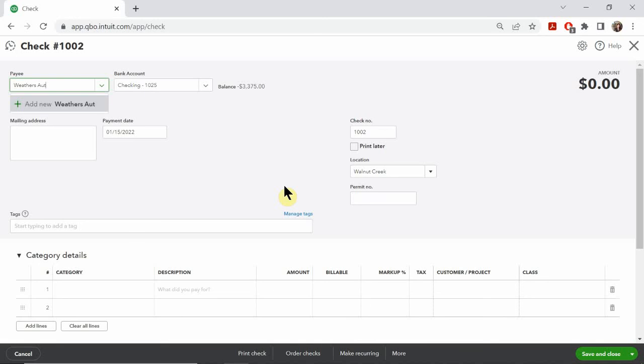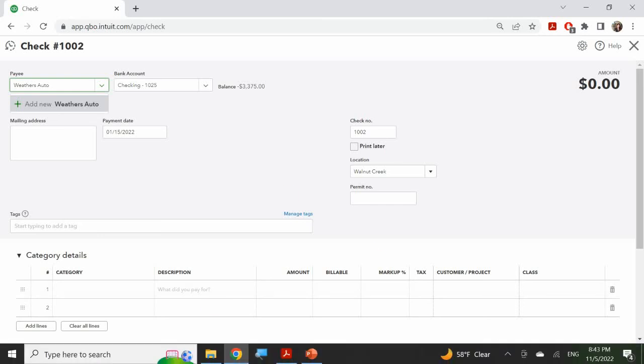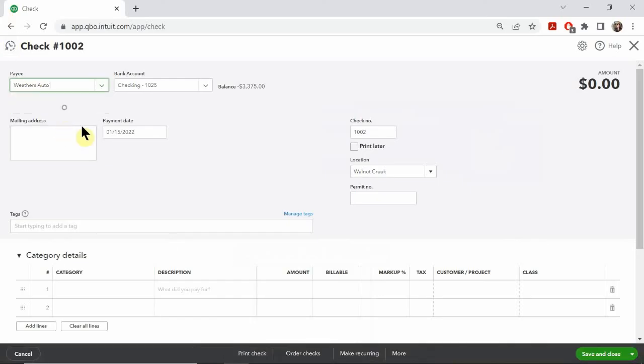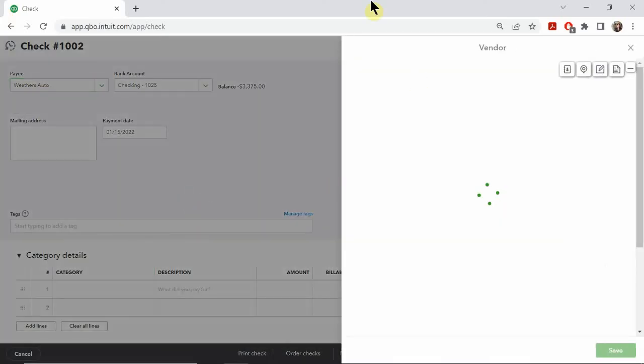If you want to put dealership, you can, so you know what it is. I'm going to quick add that because I don't have that person on my record, so I click on here.